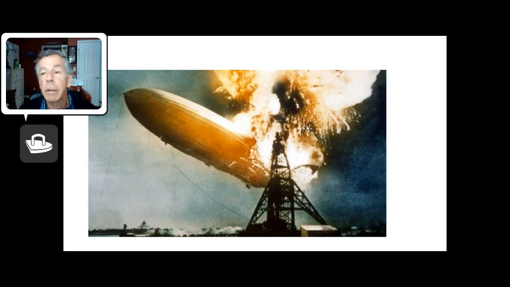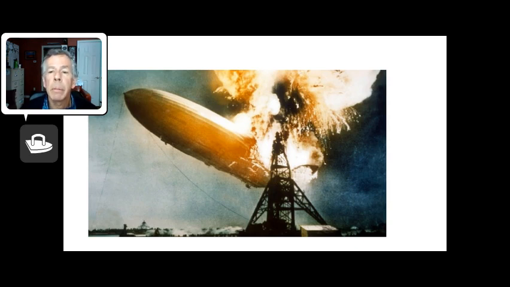Hydrogen gas is lighter than air. And because it was lighter than air, it floated, and it floated very well until it hit this telephone or electrical pole over in South Jersey, actually. And when it did, the hydrogen reacted with the oxygen, and that's what you saw. So is that something you want to try at home?